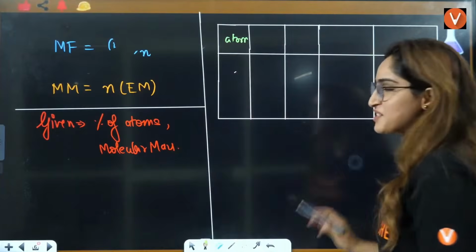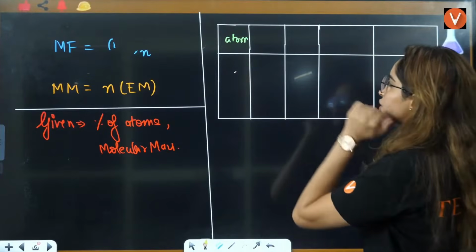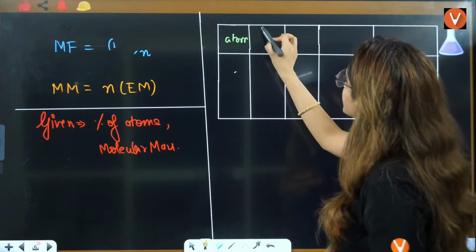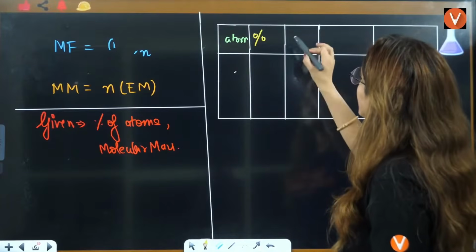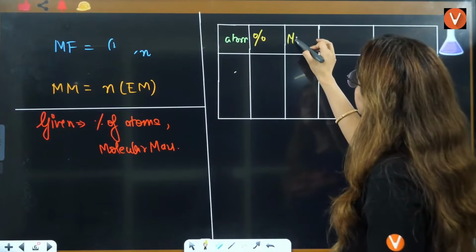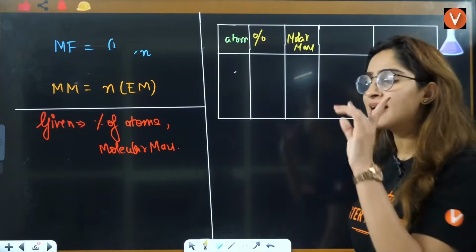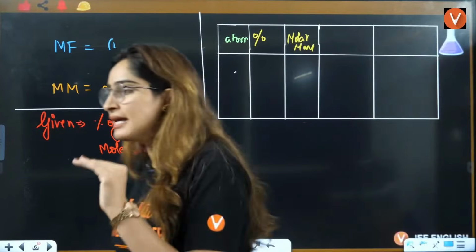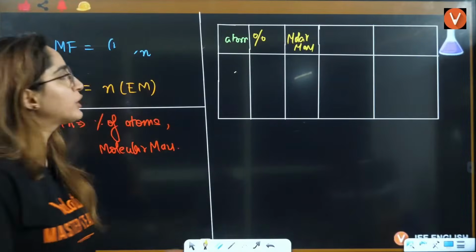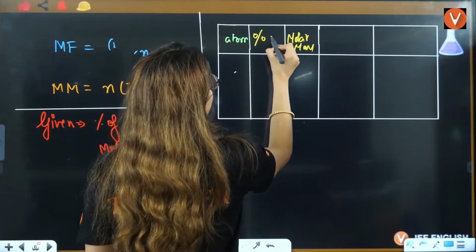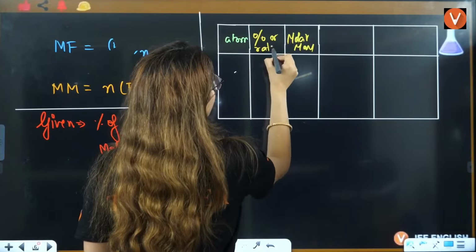Okay, so let's see here, atoms you will write. Then in this column, you will write the percentage. Here you will write the molar mass. Now understand one thing, right? Either the percentage will be given to you or the ratio will be given to you.